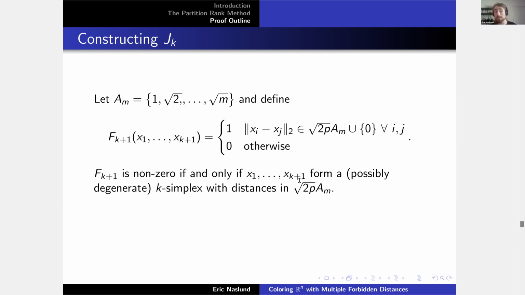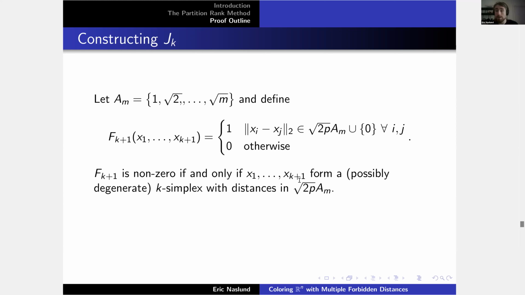So what happens is f_{k+1} is non-zero if and only if x1 up to x_{k+1} form a k-simplex with these distances, but it could be degenerate. We could have x2 be the same as x3, where multiple of the points are just the same, and that's not what we wanted. If x1, x2 and x3 are all the same and x5 is different, this tensor will be non-zero, but those are not a k+1 clique because they're a bunch of the same point.